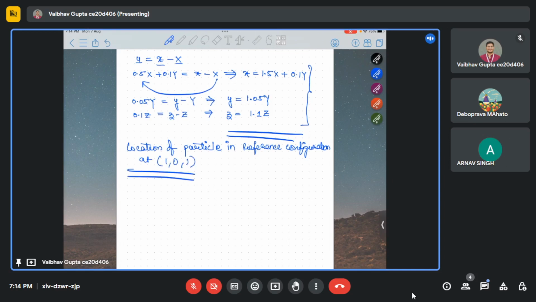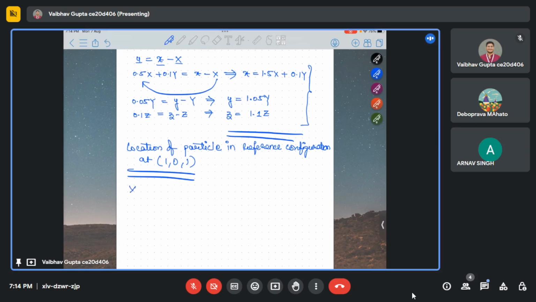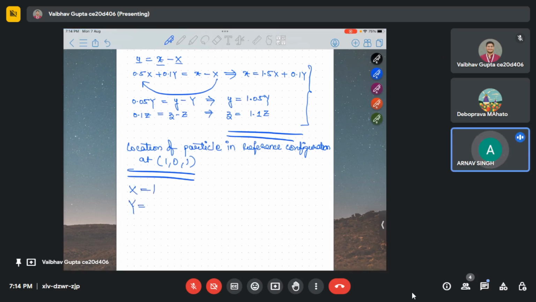How will you do it? Just tell me. What is the location? See here, the location in the reference configuration is capital X equal to 1, capital Y is 0, and capital Z is equal to 1.